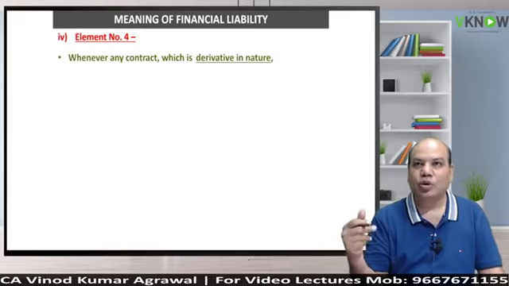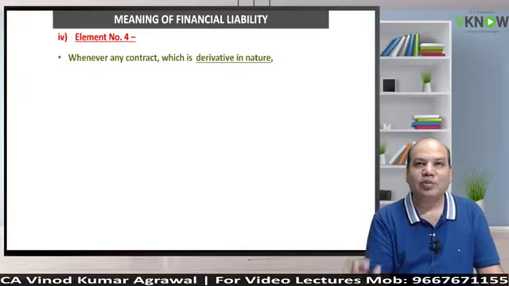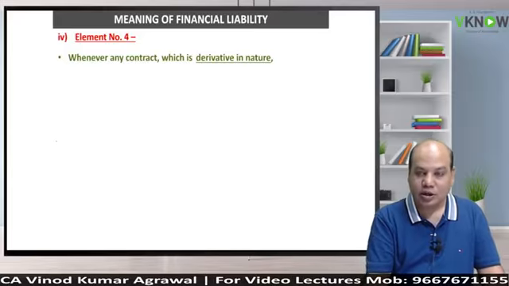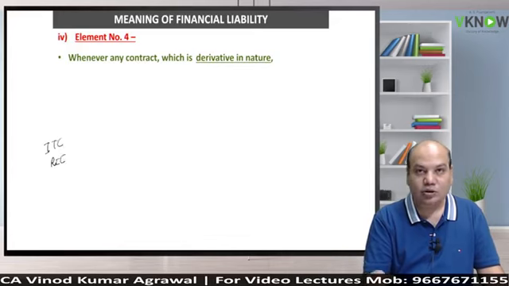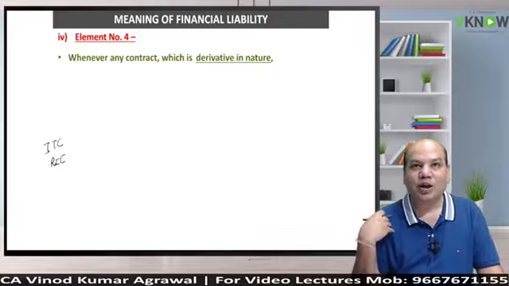So the difference between element number 2 and element number 4 is, in element number 2, suppose I enter into a forward contract to buy ITC shares, Reliance shares, then also it will come under element number 2. But in element number 4, it has to be my share, ASF Limited share.